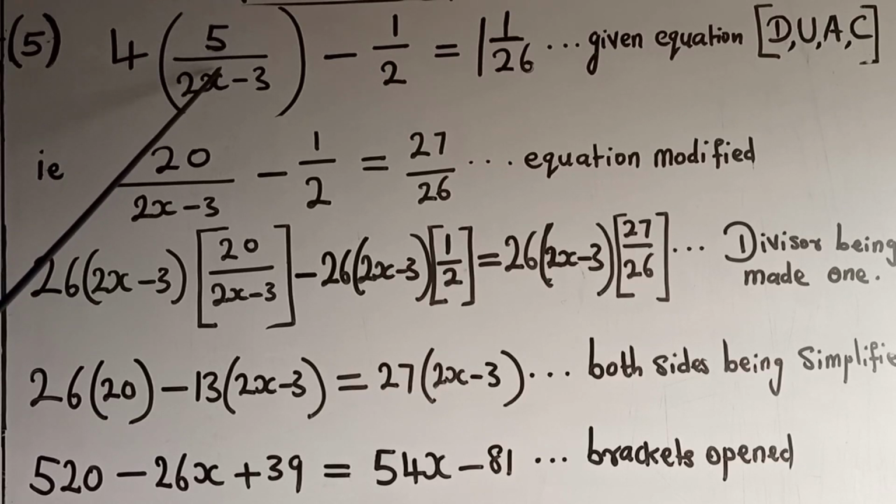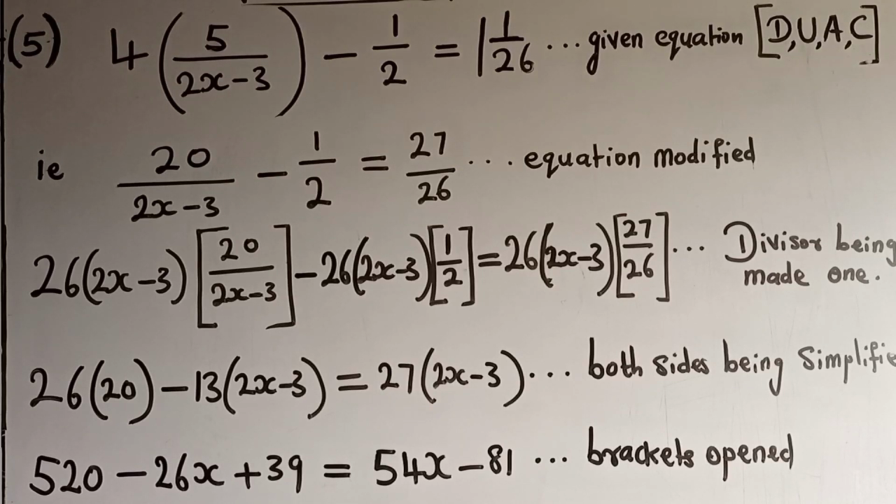The power of x is 1, and that is why this P here will not be necessary. It is only DUAC that we're going to carry out. That means that there will be 4 different and important steps of solving this equation. It does not mean that in all there will be 4 steps, but there will be 4 major skills needed to be applied in solving it.